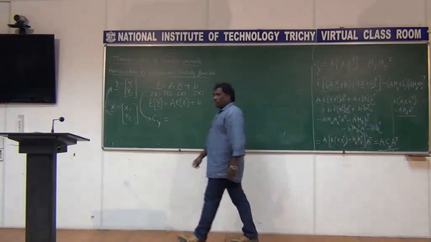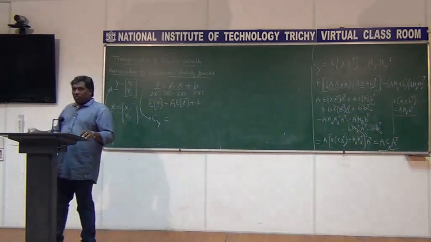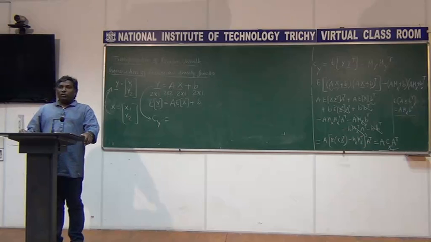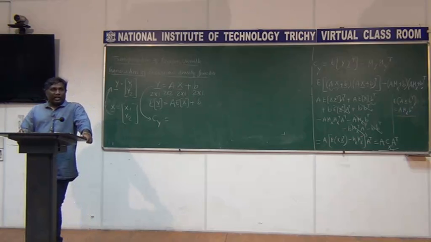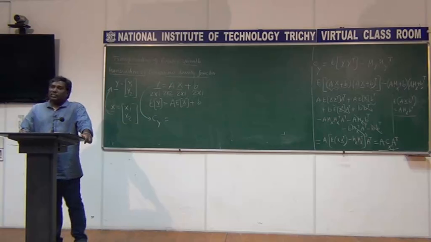So it is a very important relationship that we have derived. Cy is equal to A Cx A transpose. If I have random vectors y and x related as y equal to Ax plus b, then my covariance matrix Cy is equal to A Cx A transpose.